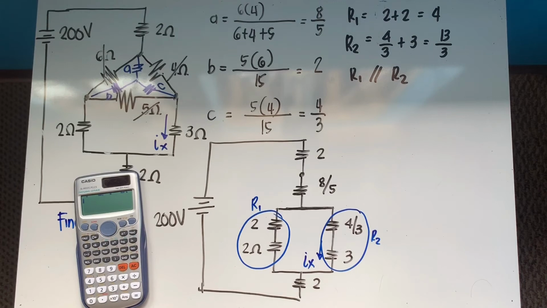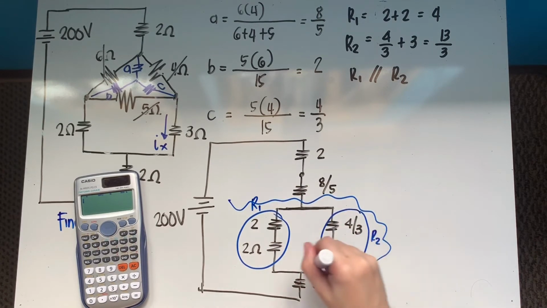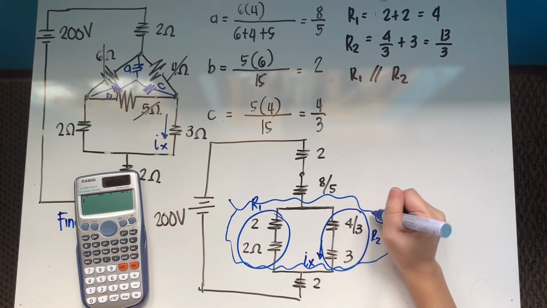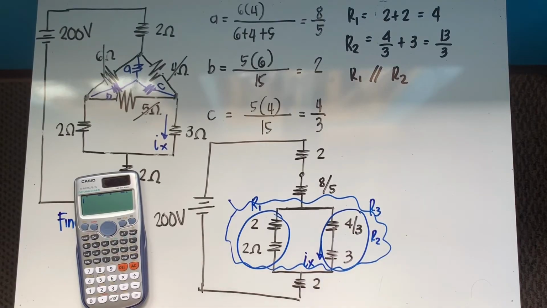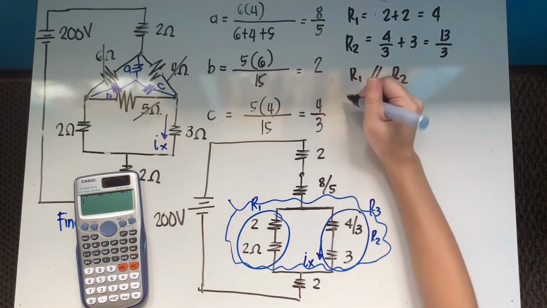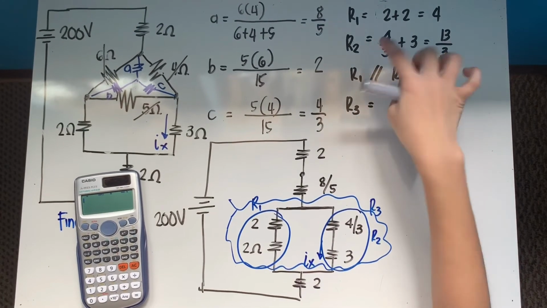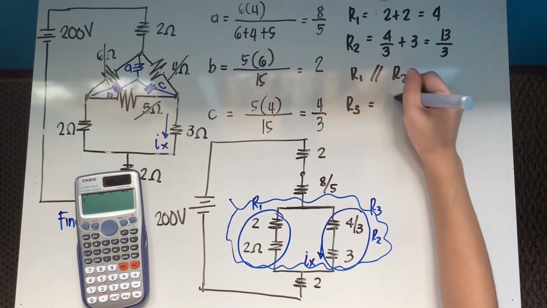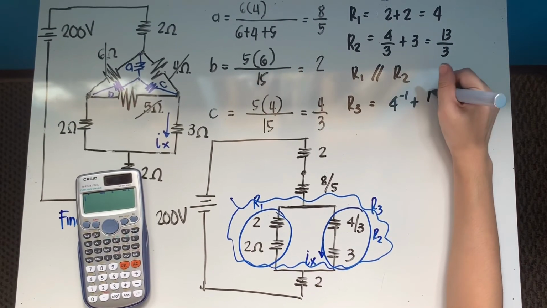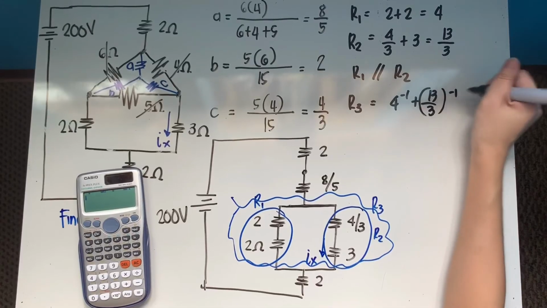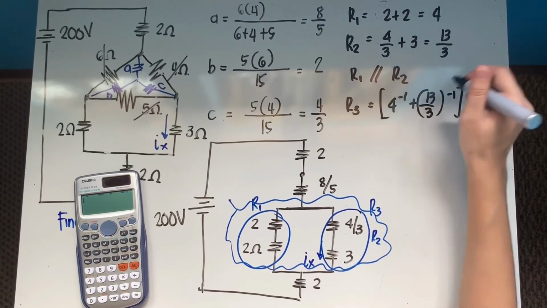So, kung kukuhanan natin ito ng equivalent resistance, let's say R3 yon, yung parallel combination nila, that would be, R3 would be R1 inverse plus R2 inverse, diba? 4 inverse plus 13 over 3 inverse, the whole quantity inverse.